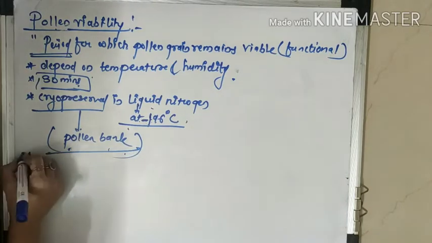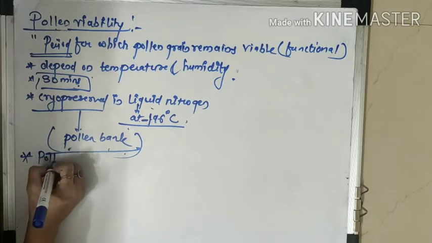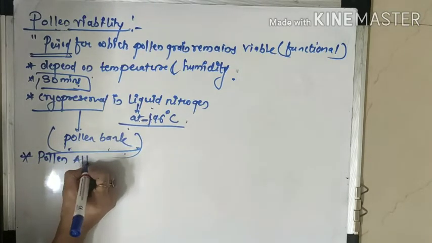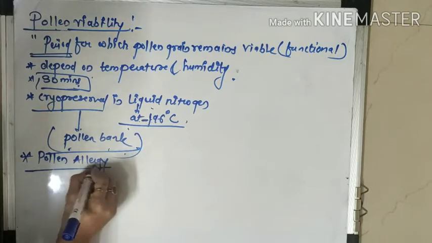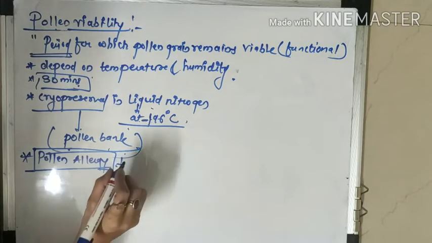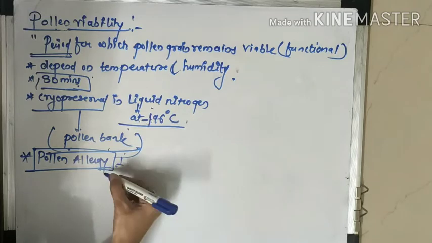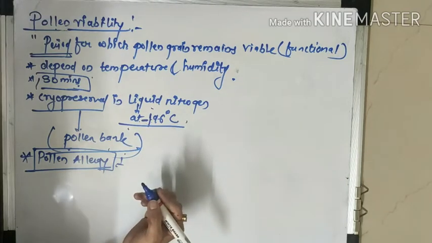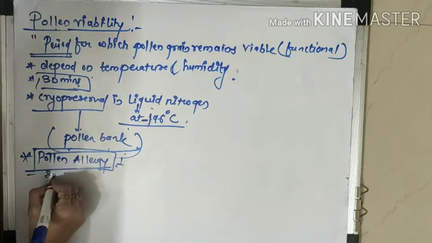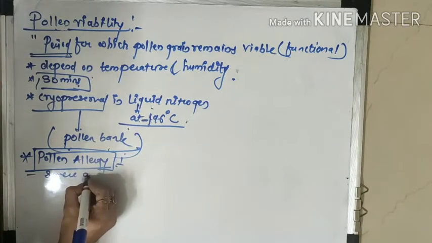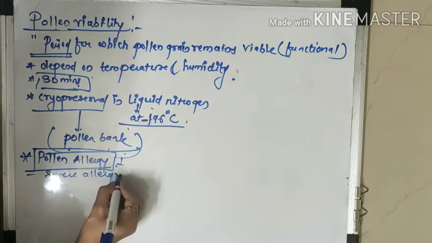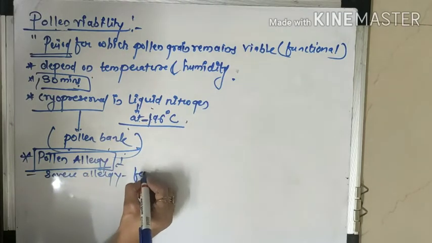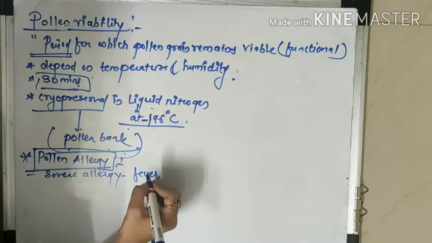Now the next topic is called pollen allergy. This is a commonly known general topic. So what does it mean? The pollen grain produces very severe allergy. It's very dangerous. It produces very severe allergy, and because of that it causes fever.